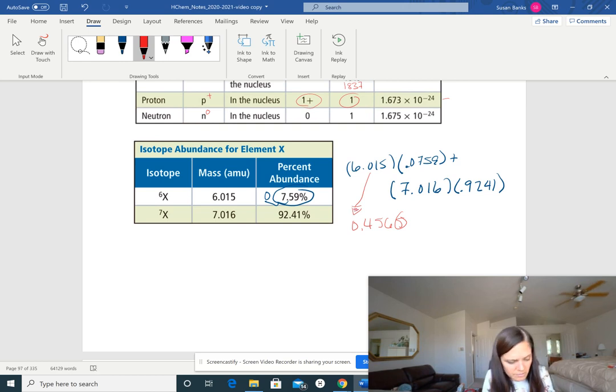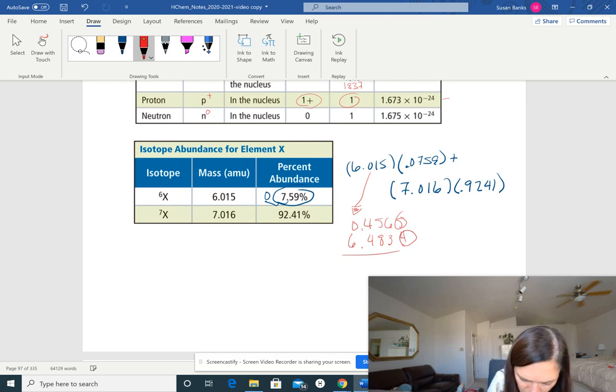And the other one, 7.016 times 0.9241, I have 6.483. And I'm going to circle that so I know whether to round up or down.